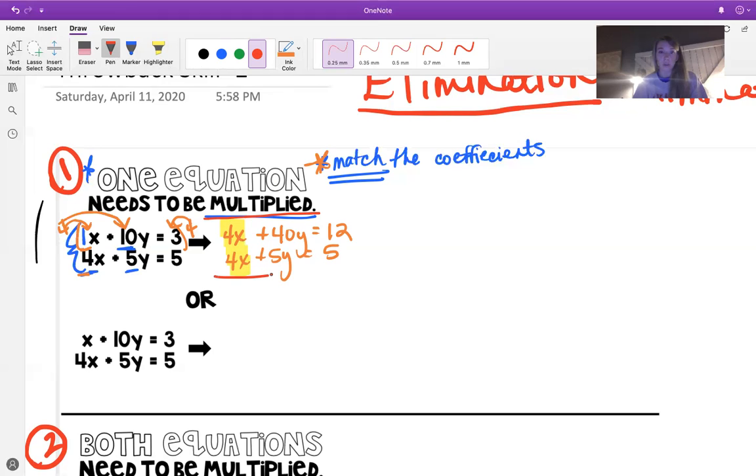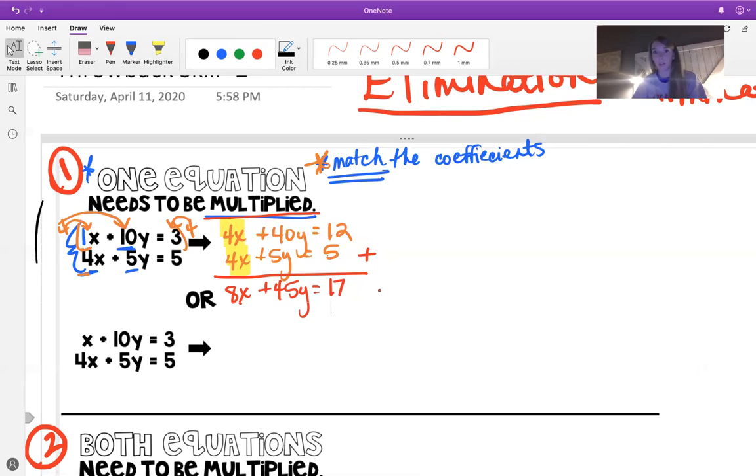So what we have to do is we have to either add these or subtract these in order for those x's to cancel out. Now, if we were to add them, we would get 8x. And then we'd get 45y, and we'd get 17. All right, that didn't help us at all.